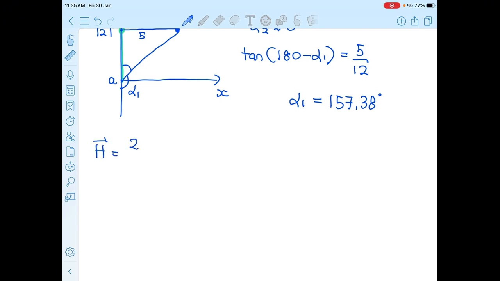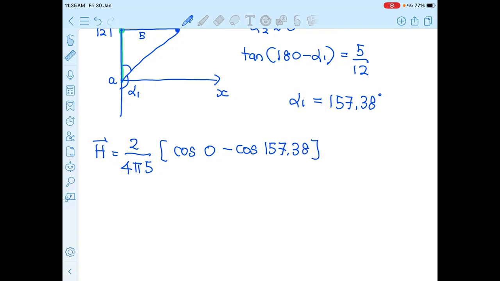Now we can plug it in. I is 2 ampere over 4 pi, r is 5. Then we have cos alpha 2, where alpha 2 is 0, minus cos alpha 1, which is 157.38 degrees.